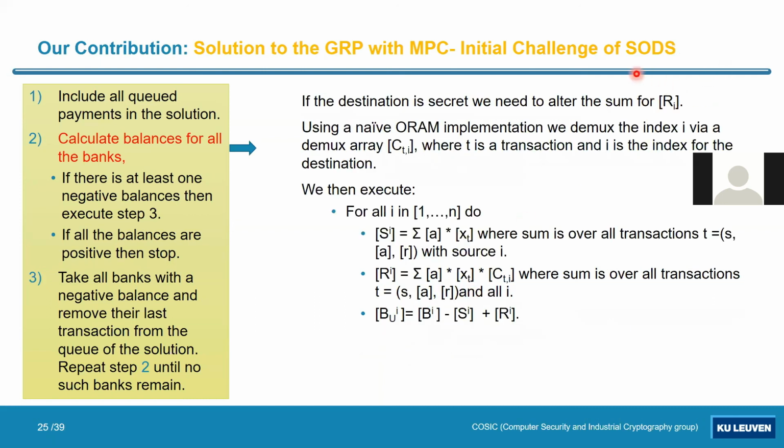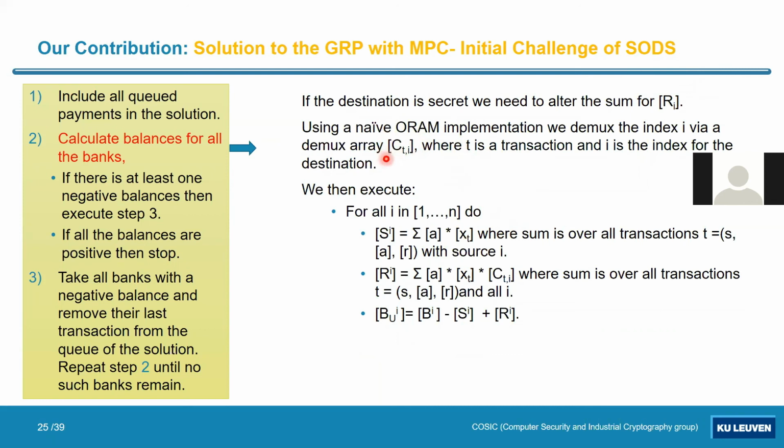In the case of SODS, as the destinations are secret, we needed to do something else. We are using a naive implementation, and we demux the index i via a demux array c_t,i, where t is the transaction and i is the index of the destination.